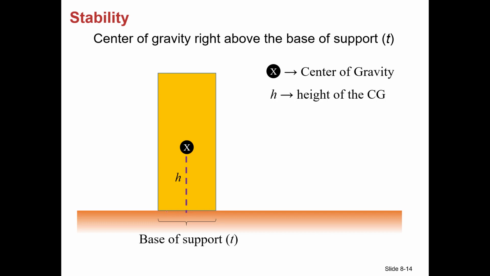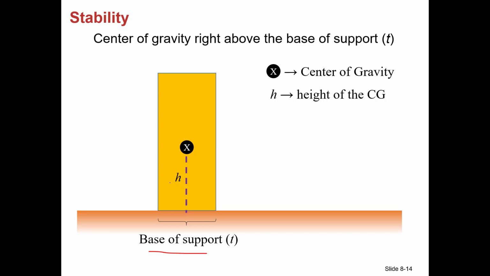standing on the surface. The weight of this object is concentrated at this point, which we call the center of gravity. So x is the center of gravity, and the center of gravity is h distance from the base. This is the base of support. The part that is touching the surface is what we call the base of support, and the center of gravity is h distance from the base of support.